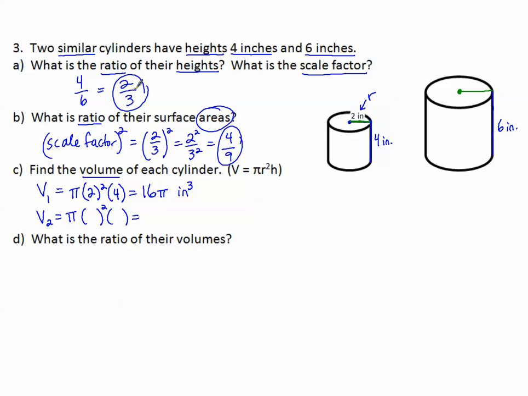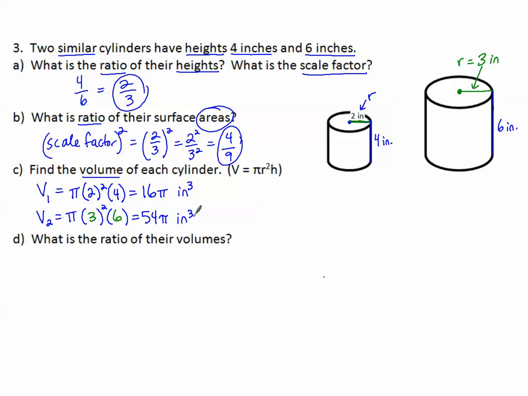And this scale factor is 2 to 3. So if this radius is 2 inches, this radius must be 3 inches. Those are corresponding lengths. So 3 inches and 6 inches. So let's square those. 9 times 6, 54. So 54 pi inches cubed.